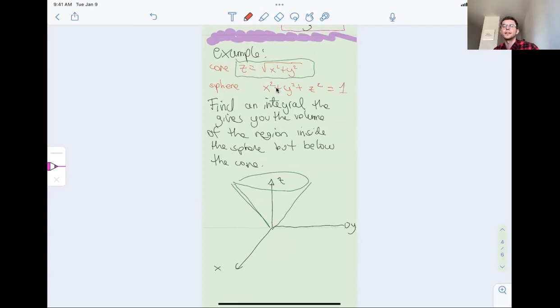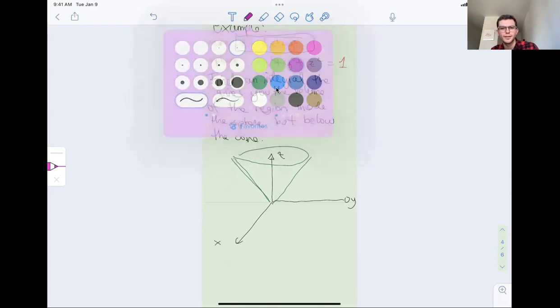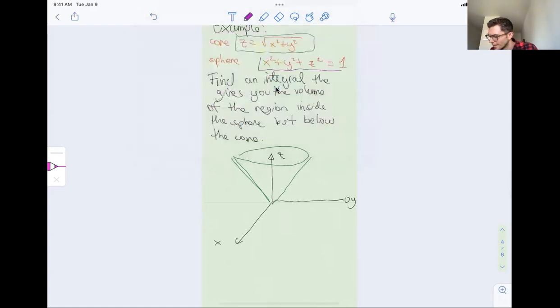Let's take things one step at a time. So just to make this more friendly, this is a sphere of radius 1, center at the origin again, right?